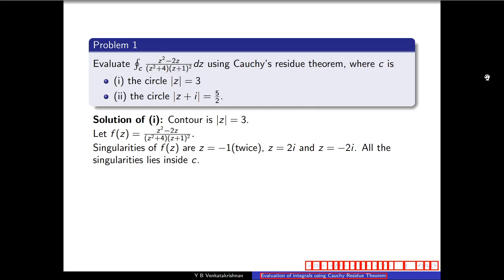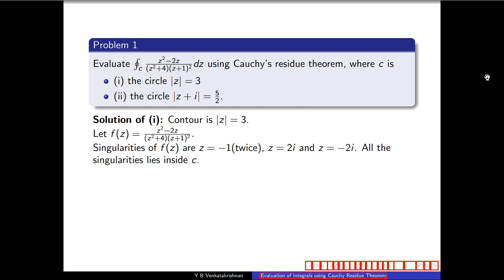In order to calculate the singularity, I equate the denominator of f of z to be 0. So when I take (z squared plus 4) into (z plus 1) the whole squared to be 0, we get z is equal to minus 1 twice, because I have z plus 1 the whole squared.